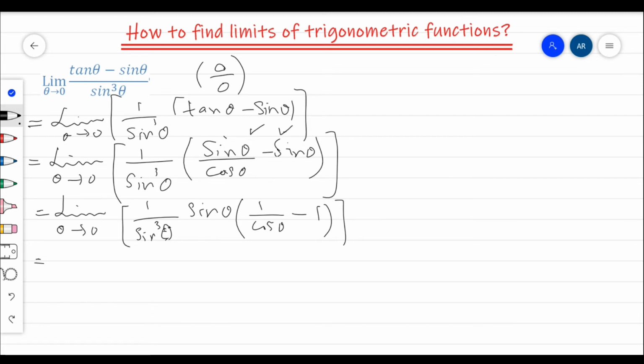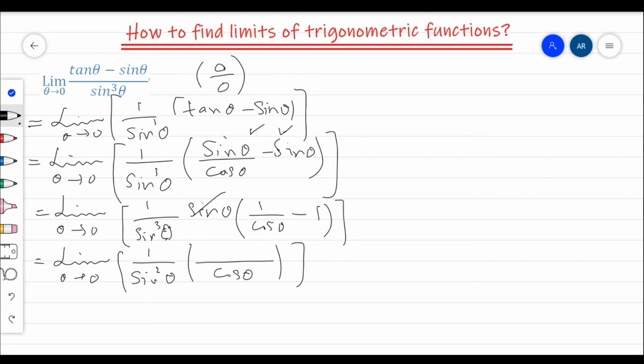Now limit theta approaches 0. Sine theta will get cancelled with this sine cube, and on balancing them we will get sine square of theta times, whenever we have fractions with positive or negative sign we always take LCM.